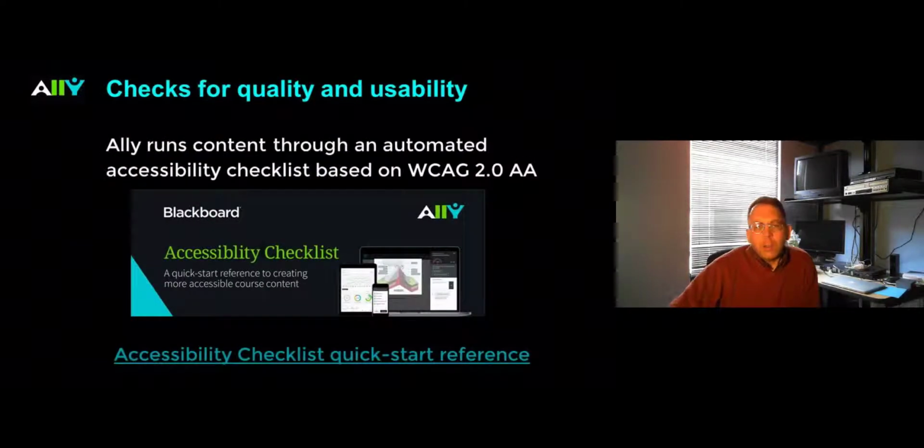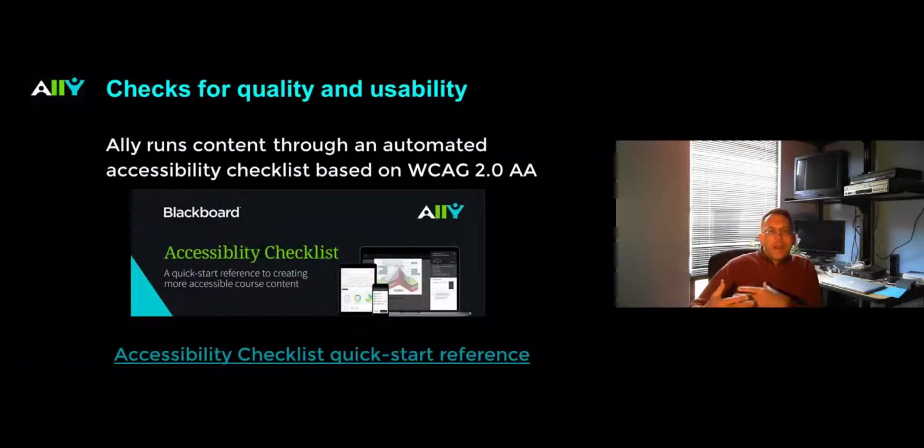So what Ally does is it automatically scans any document that you upload into Blackboard. And it checks it against a bunch of web standards to make sure that that document is accessible. And like I said, it scans anything you upload into Blackboard. So you need to pay attention if you are typing things into item boxes and using the editor to create content.